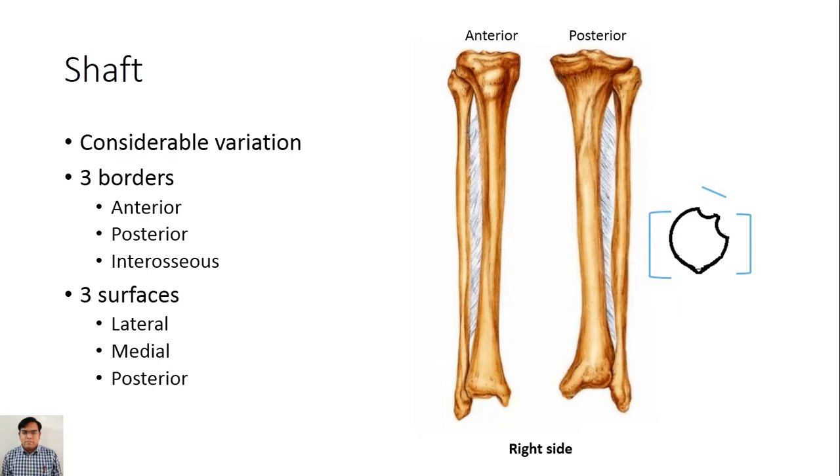In the posterior surface there is another elevation, which is known as the medial crest. So this red dot is the medial crest, on the basis of which the posterior surface is divided into a lateral part and a medial part.